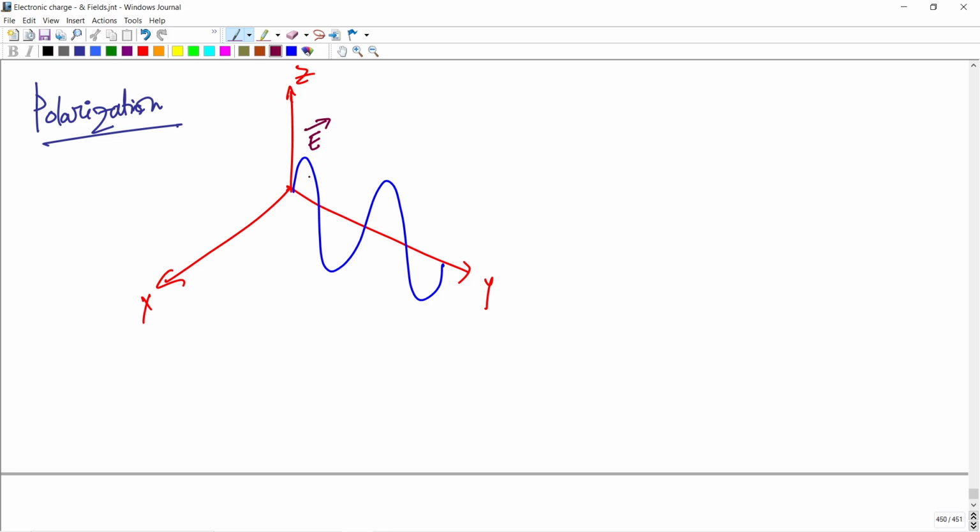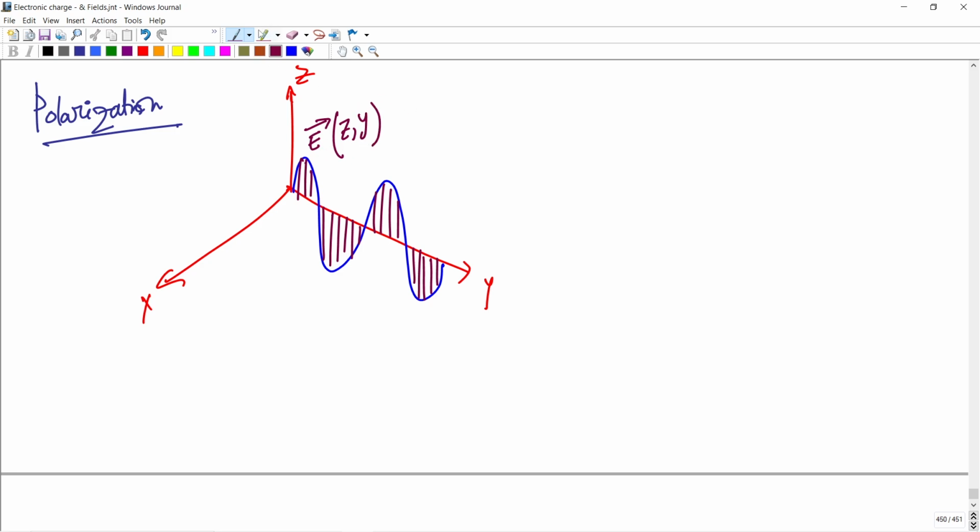So the plane of the electric field is the ZY plane. It vibrates in the Z direction and propagates in the Y direction.